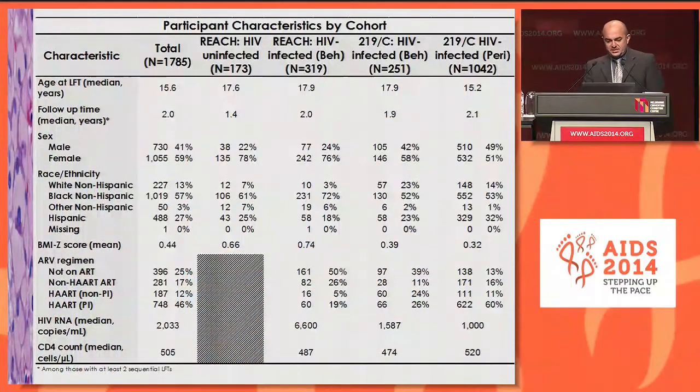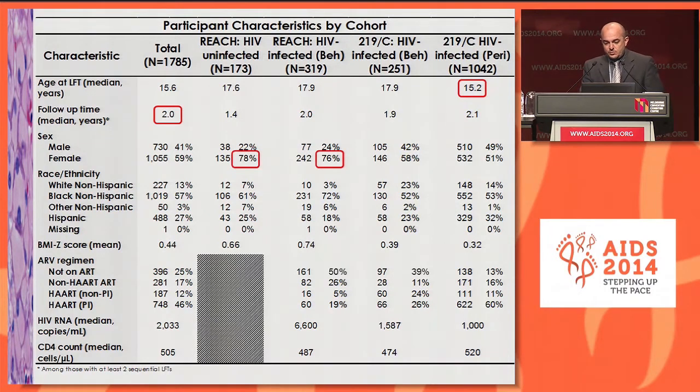So, a busy slide, but I will go over the main highlights of the participant characteristics by sub-cohorts. For the age at which LFTs were abstracted, the median was lower among the perinatals in the 219C study. The follow-up overall for the whole cohort was about 2 years.